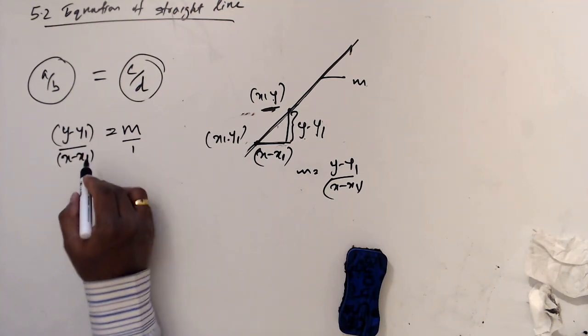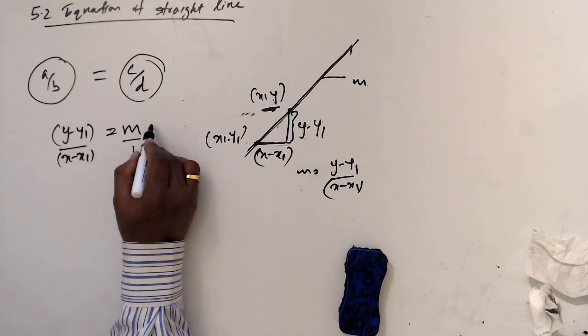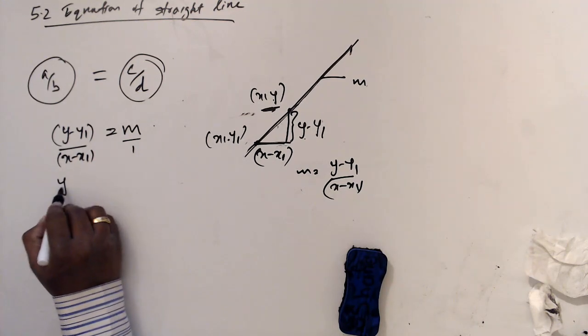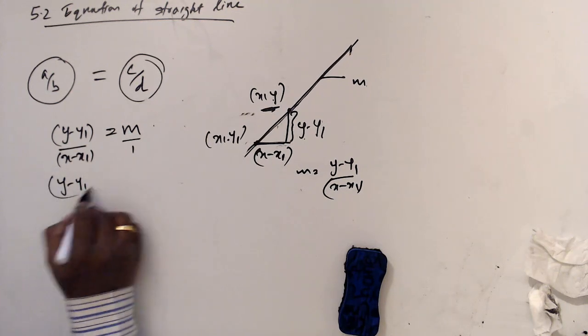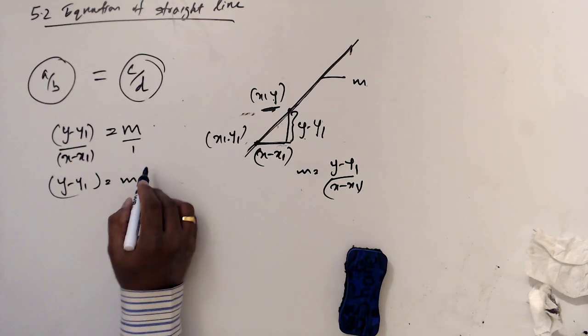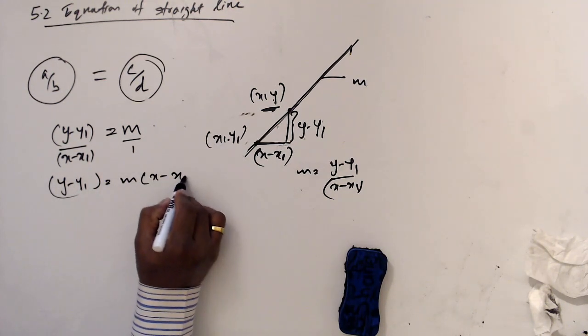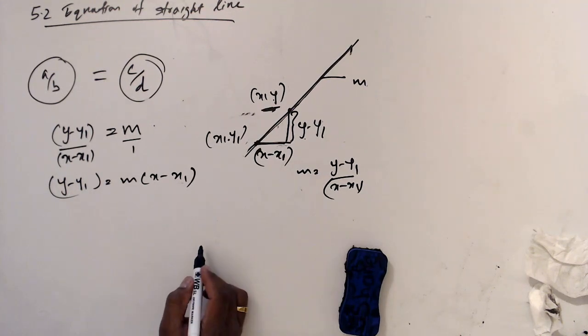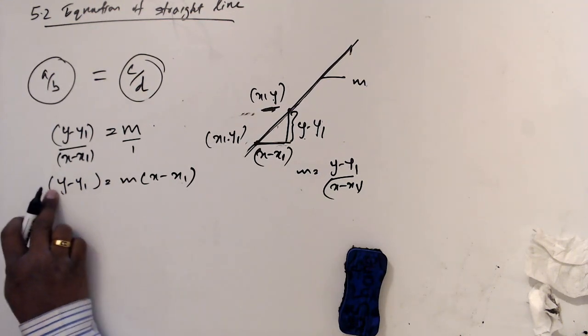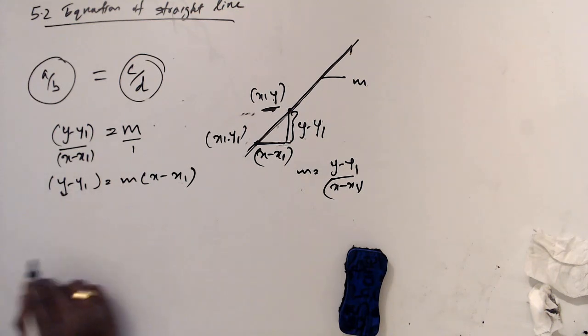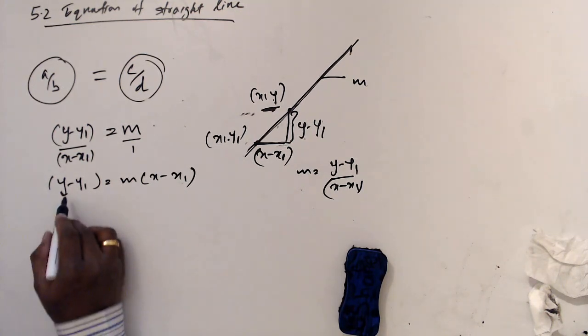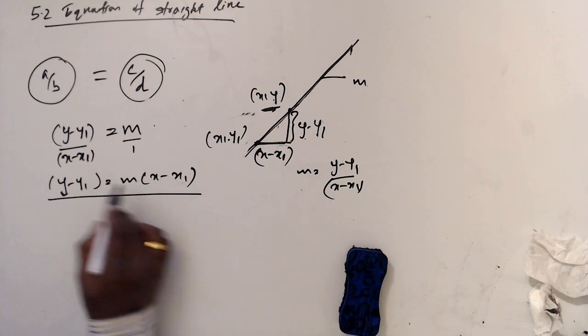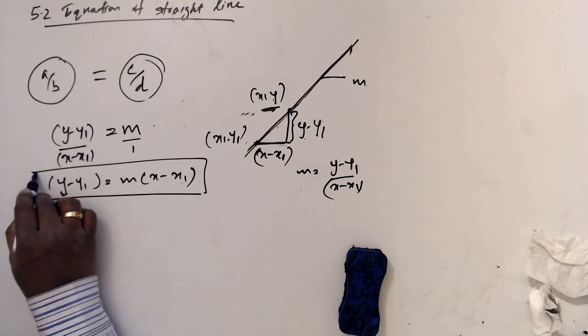Now I am taking x minus x1 to this side by cross multiplication. y minus y1 equal m times x minus x1. So you can see this is the formula.